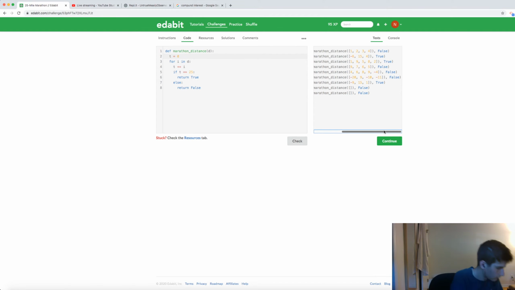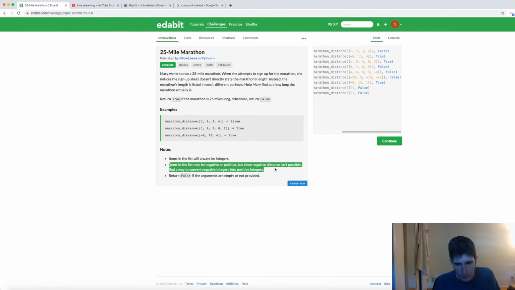Why are we getting a -6? Why are we getting a -6? That's interesting. Alright, so maybe we need to use the absolute value here, since we're getting negative numbers. Why is that the case? Maybe negative or positive, but since okay, here we go. So the numbers in the list were negative, so we have to take the absolute value.